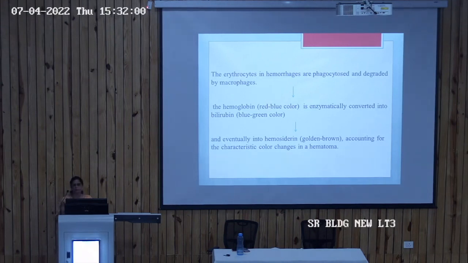If you follow it, you will realize that these are the colors through which that bruise or injury goes through. And this is because शुरू में hemoglobin है, which is red-blue in color, then it is converted to bilirubin, which is blue-green in color, and then to hemosiderin, which is golden brown, and eventually it fades off and resumes the color of the skin.